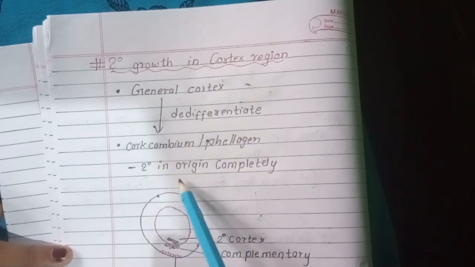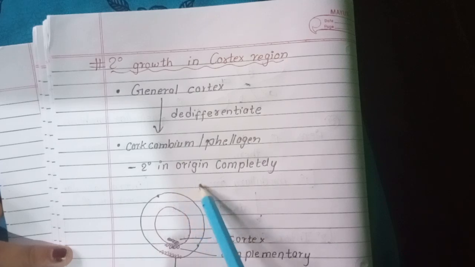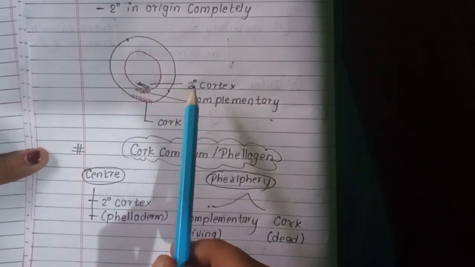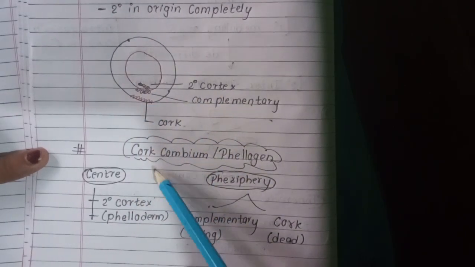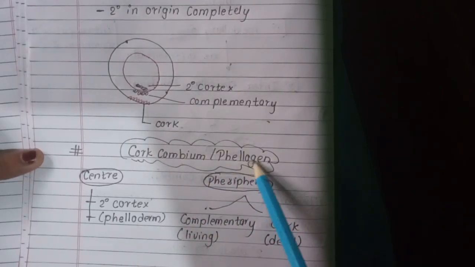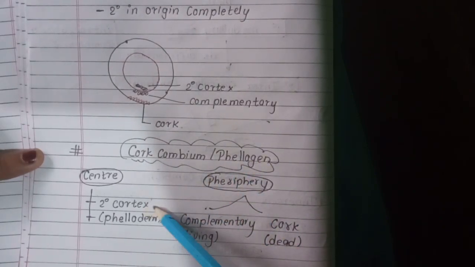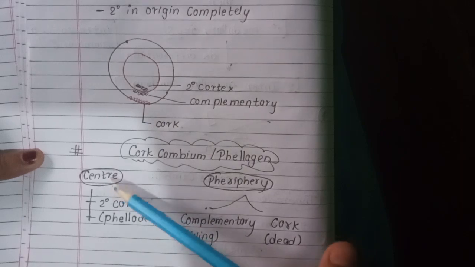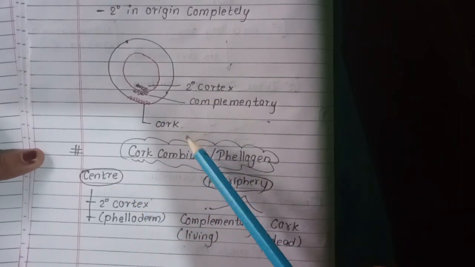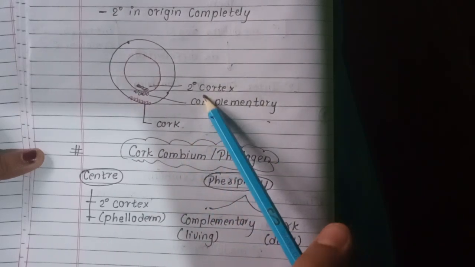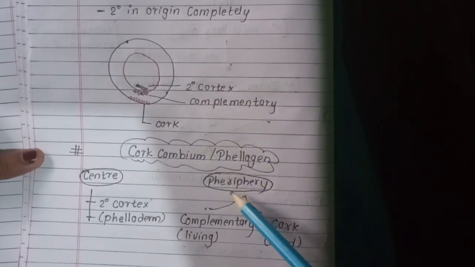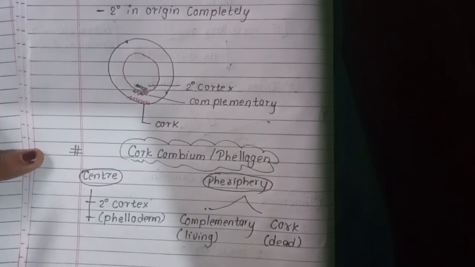Cork cambium cuts off cells on both sides: in the center, the secondary cortex or phelloderm, and on the periphery, the complementary cells, which are living, and the cork, which is dead.